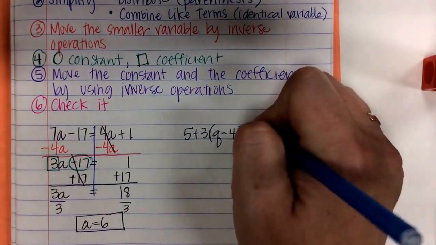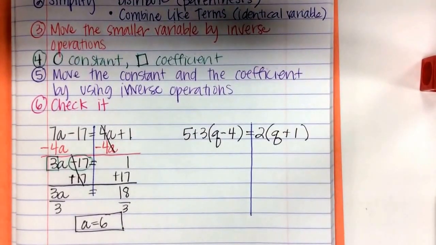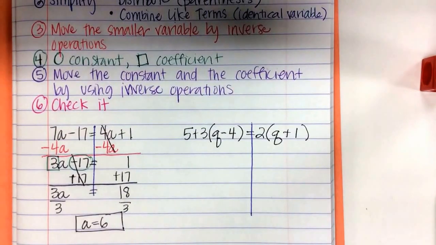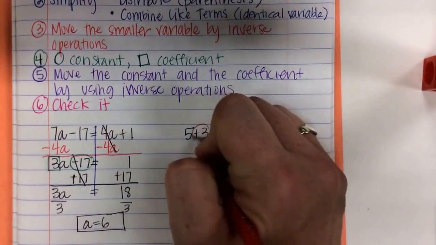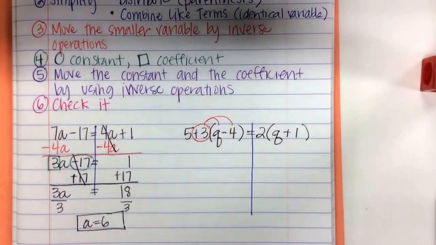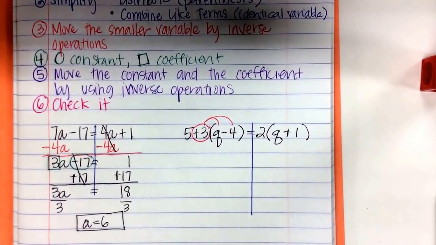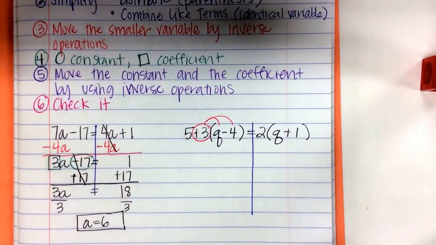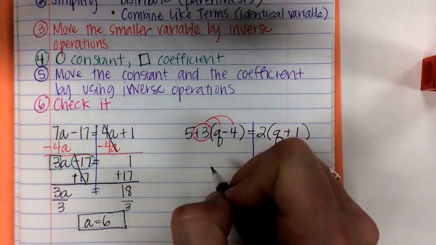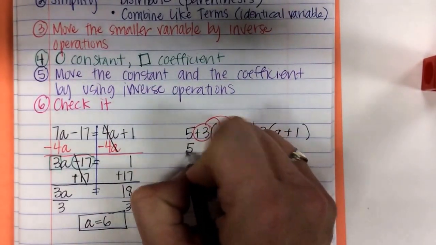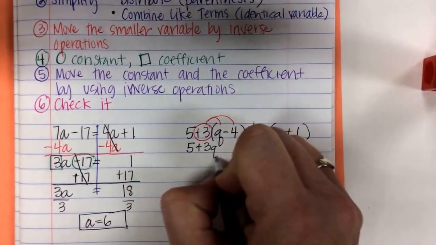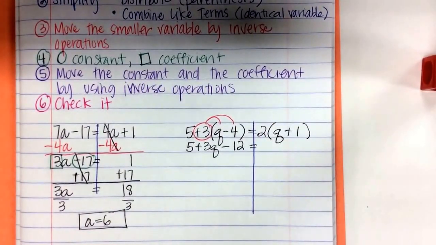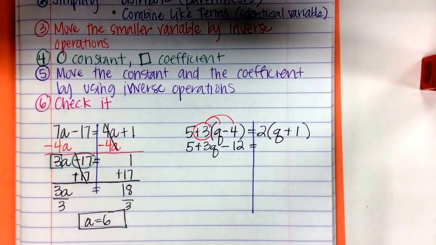My first step is to draw that line. My second step is to distribute. So who can simplify the left side for me? Triana, what does it say? Perfect. 5 plus 3Q minus 12.